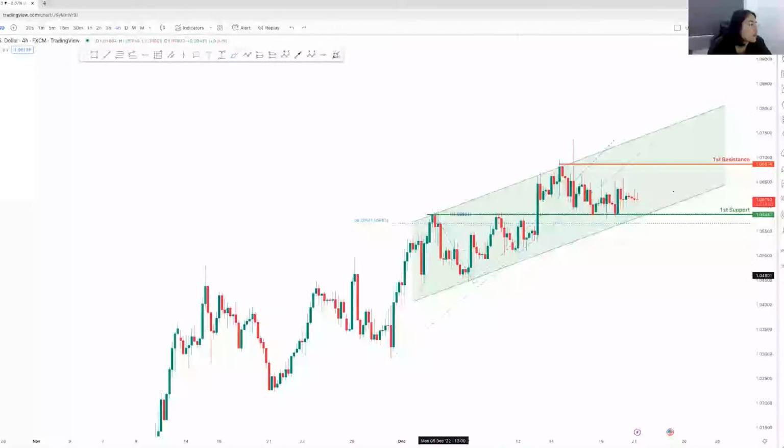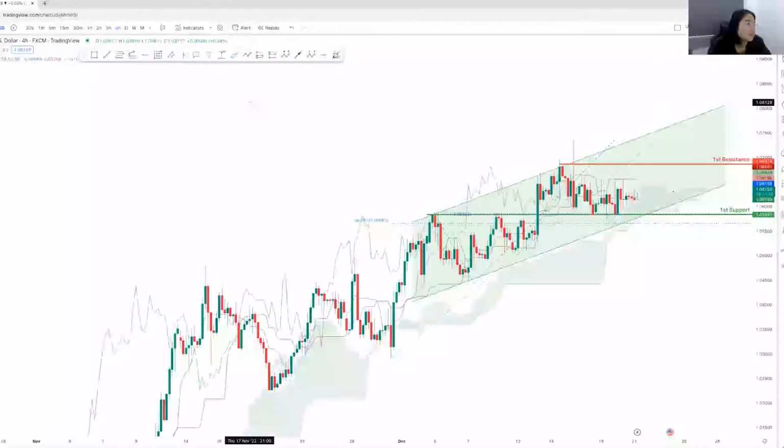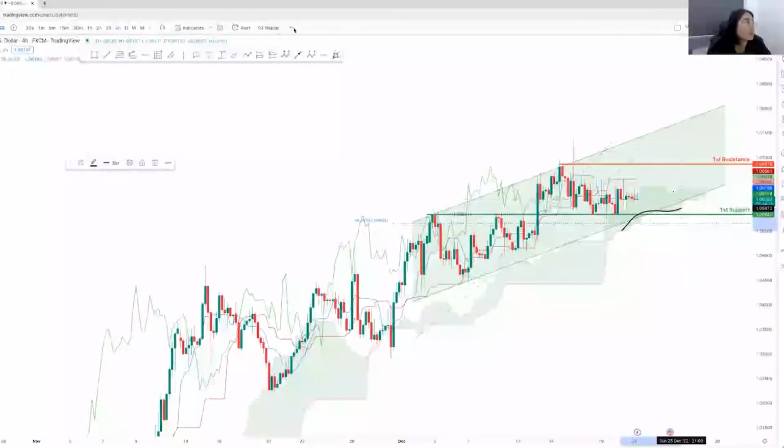What else do I see? Okay, let me pull out the indicator. It would line up nicely with the support of this Ichimoku cloud. The cloud of the Ichimoku works as a support and a resistance as well. So price can come here, bounce off, and continue up.